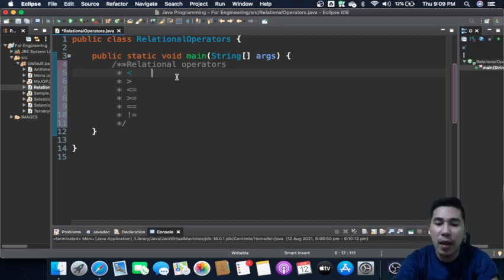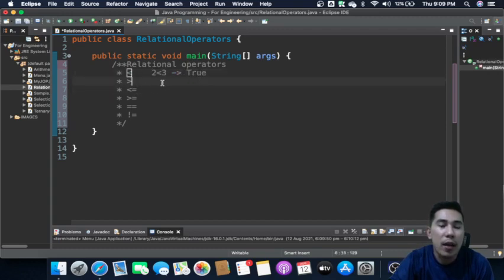So to start with, let's say for instance you have two less than three. The result for this, mathematically, is of course true. This expression would evaluate to either true or false only.